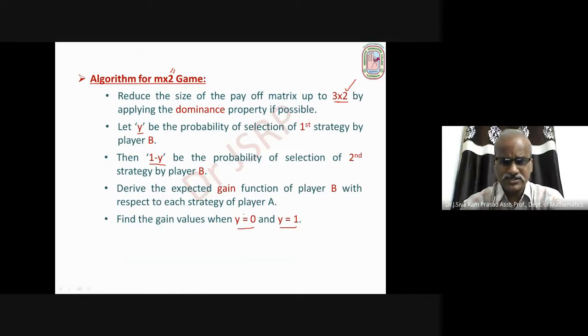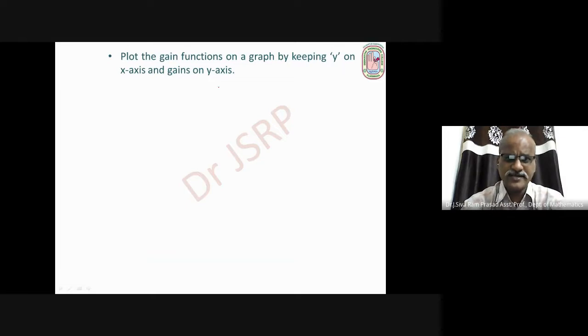At y equals 0, calculate gain values. At y equals 1, also calculate gain values. Then plot the gain functions on the graph by keeping y on the x-axis and gains on the y-axis.